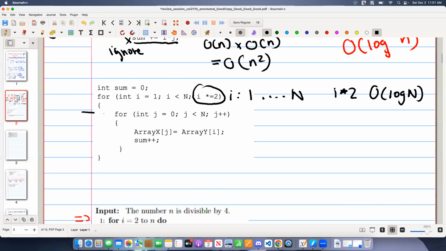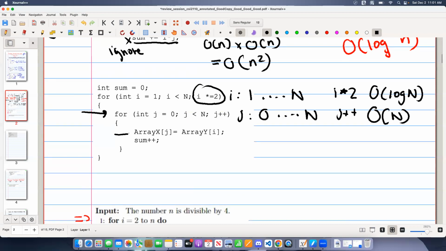So now we have the second loop. We see that we have a value j, and we start at 0 and go all the way to n. And we linearly increase j, so it's just j plus plus. We know that this second loop is O of n, because you're just going 1, 2, 3, 4, 5, so you're going n times.